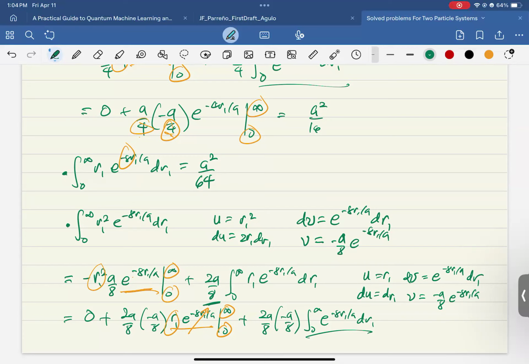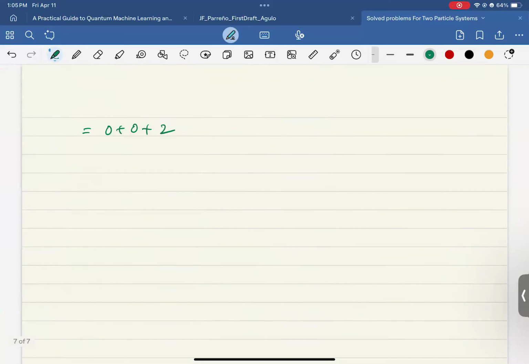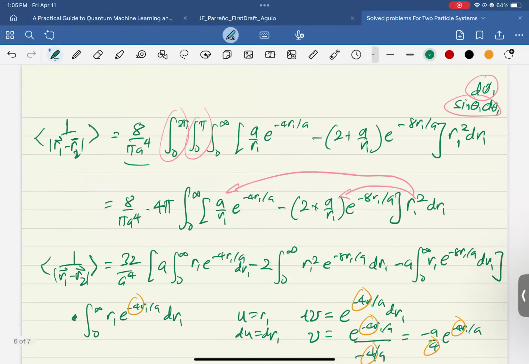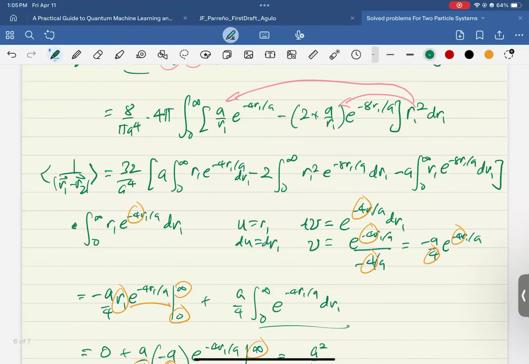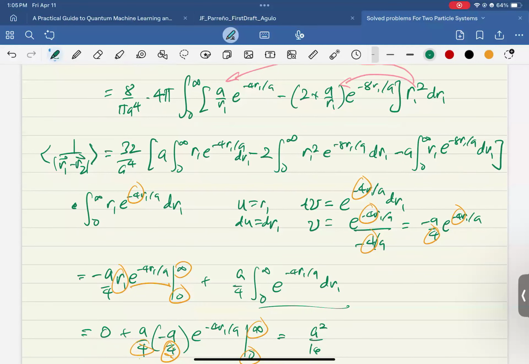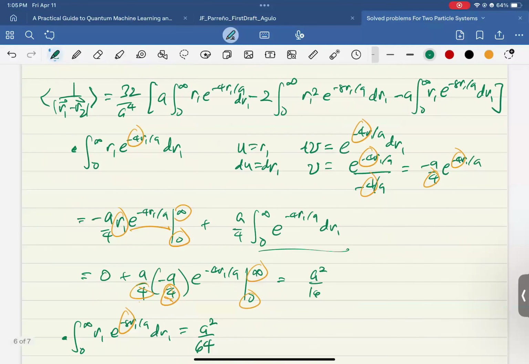So actually magiging 2a cubed over 8 cubed. Okay, so 2 times a over 8 cubed. So yun yung second term. So 1 over R1 minus R2 absolute value. It finally gives us, so 32 a over 8 to the 4th.